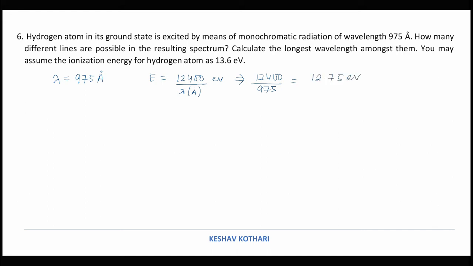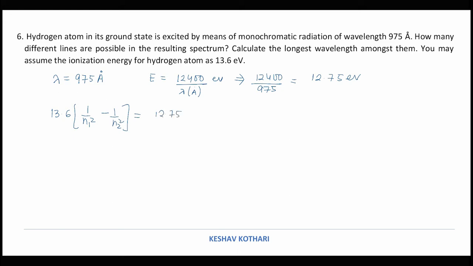So this is the first thing that we have obtained. Now the question is asking how many different lines are possible in the resulting spectrum. So from here we can say that the energy, 13.6 into 1 by n1 square minus 1 by n2 square, is going to be equal to 12.75 electron volt.